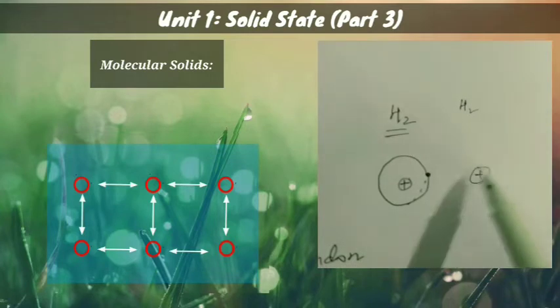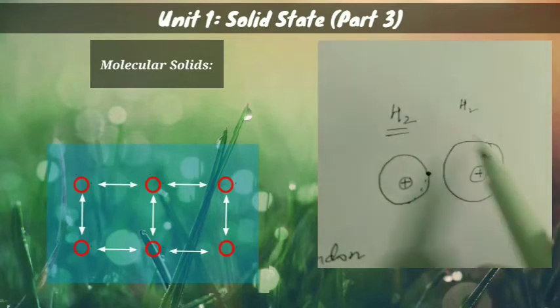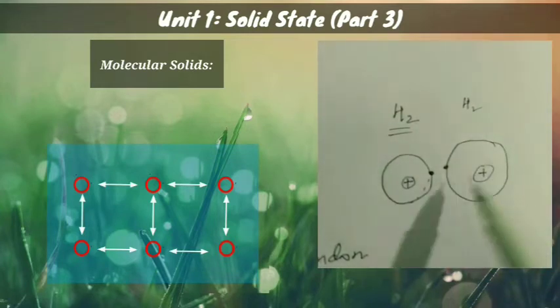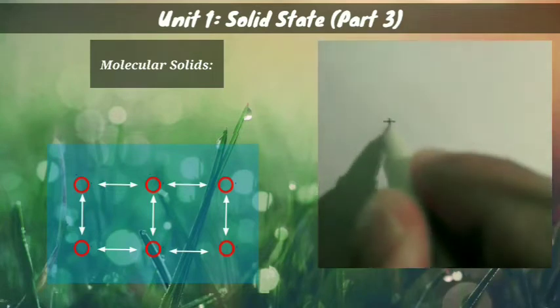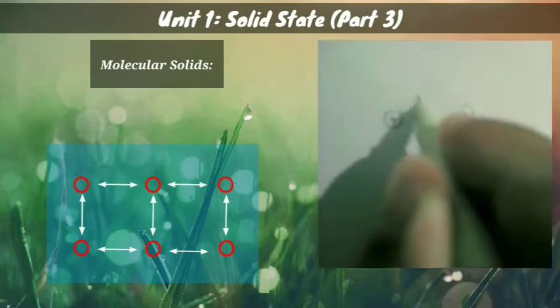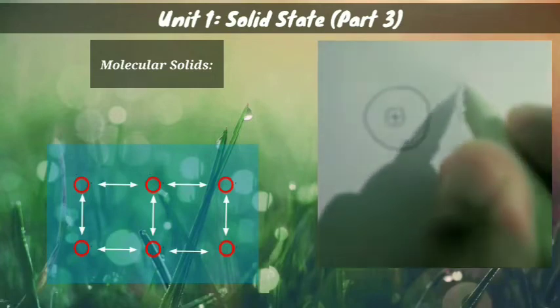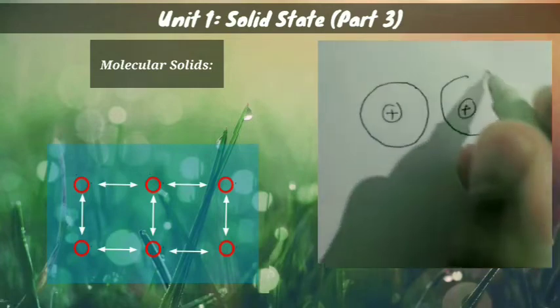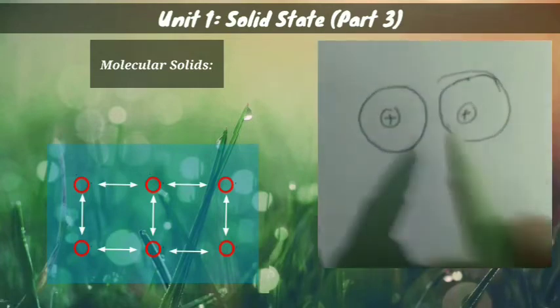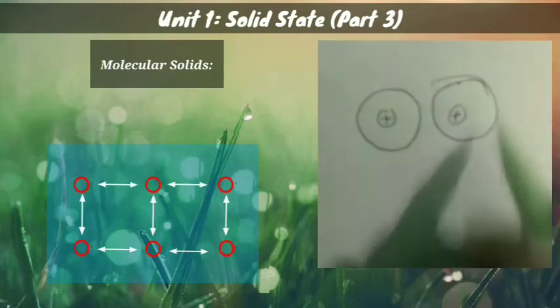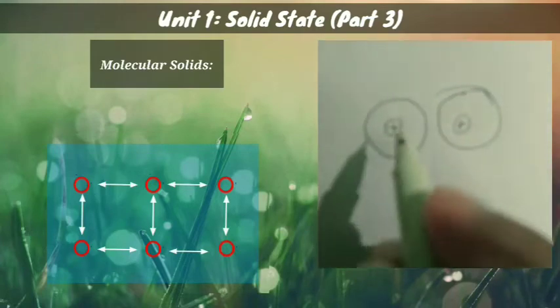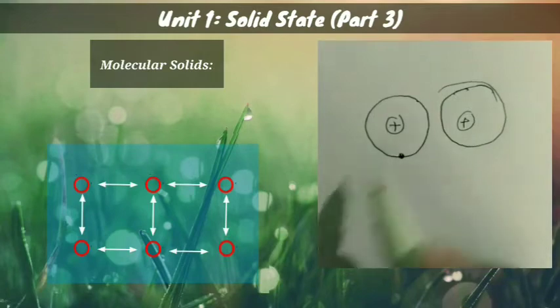And suppose this is another hydrogen, the same, the orbital should be the same. The shape, the sphere, should be the same. Try to draw properly. So here it is one electron.